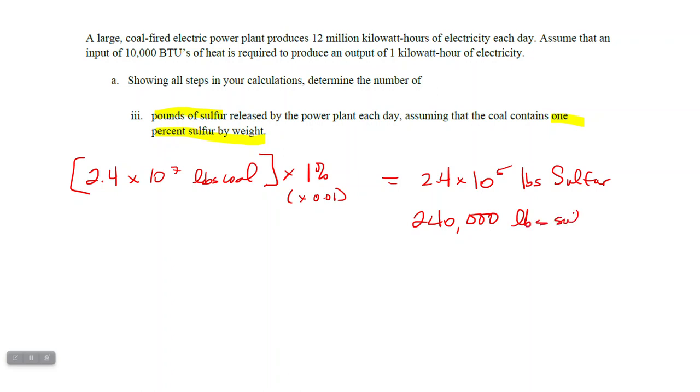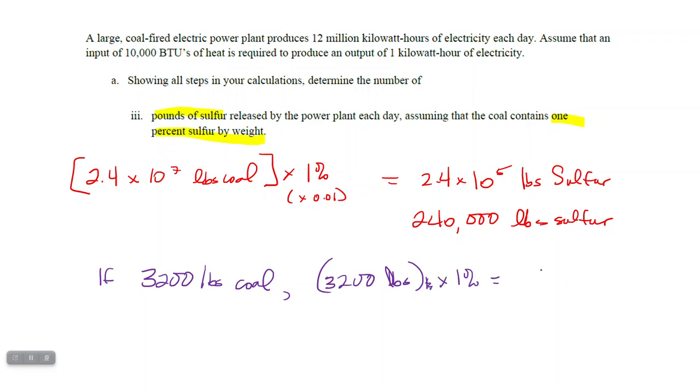But let's say that you made a mistake in the previous slide. And like I said, or you want to say, I don't know the answer, I'm going to say if it's 3,200 pounds of coal, then 3,200 pounds times 1% would be, let's see, 32 pounds of sulfur.